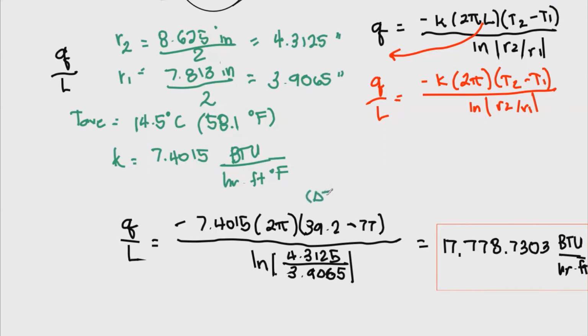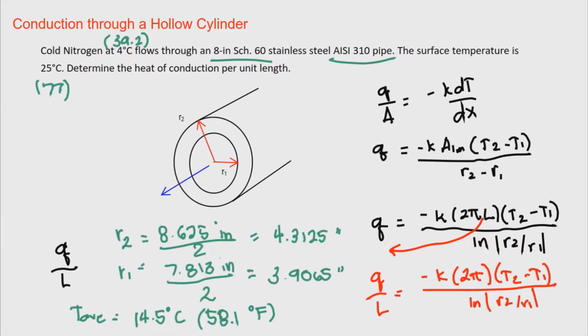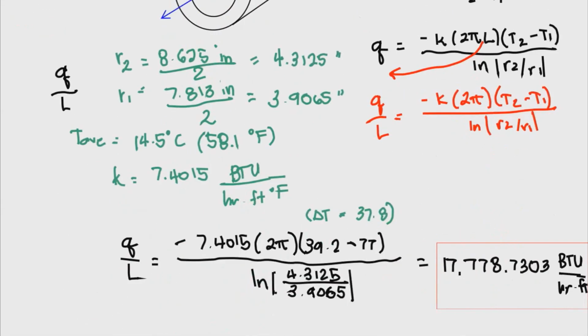What I was saying before is that if we evaluate this delta T, we get 37.8. If you use degrees Celsius, you simply get 25 minus 4, which is the difference in degrees Celsius or Kelvin.